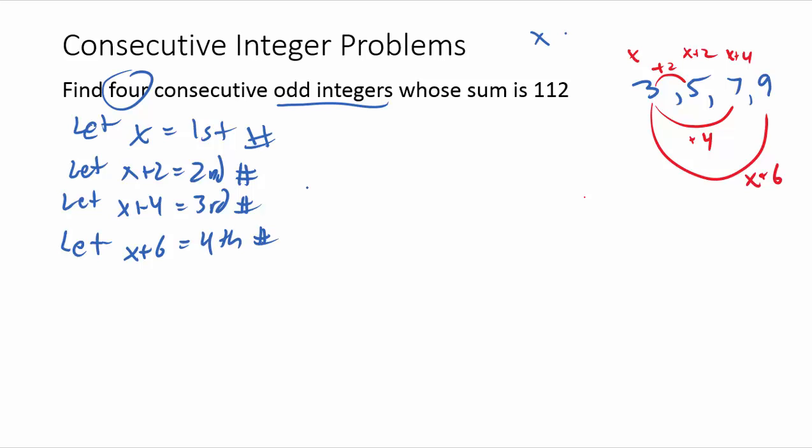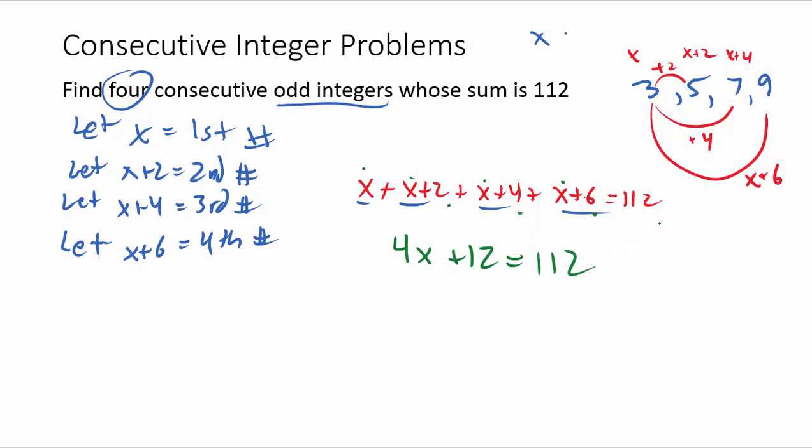So now if we're writing out this sum, we're going to have x plus x plus 2 plus x plus 4 plus x plus 6 is equal to 112. This might look a little intimidating, but if we combine our like terms, we've got 4 x's, and the numbers are just going to equal 12.